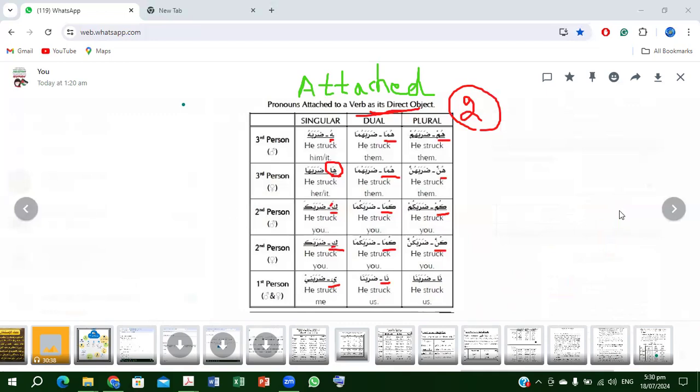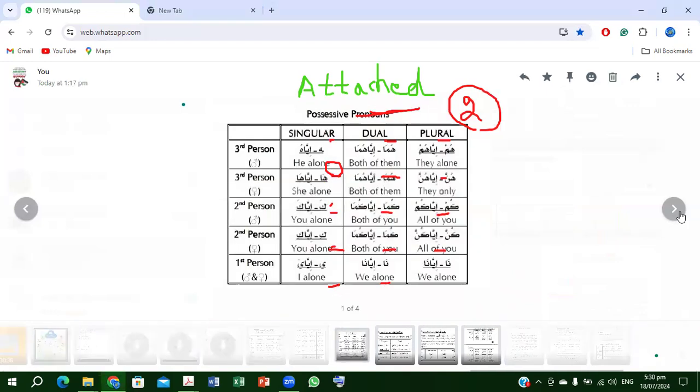Now this is the third case. What is the third case? Who comes now? Nur Fatma, would you like to come?